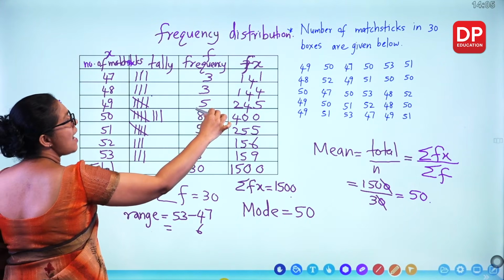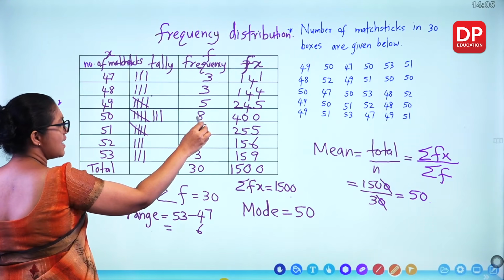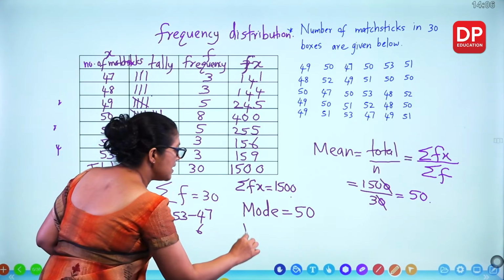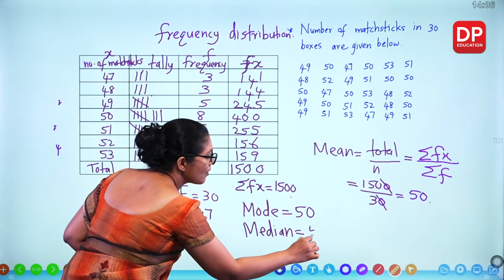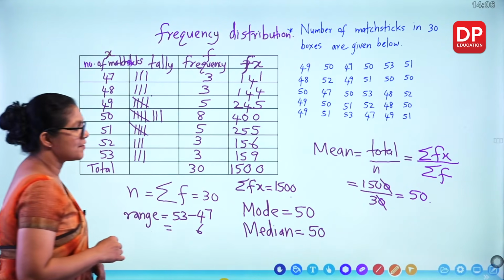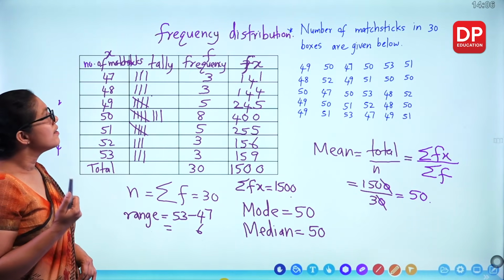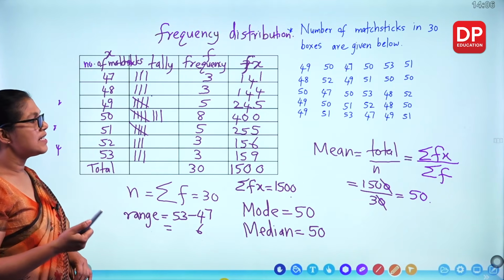After 11, you get the 15th one and the 16th one. So that means the median is also 50. So in a frequency distribution, you need to know how to get the range, mean, median, mode.